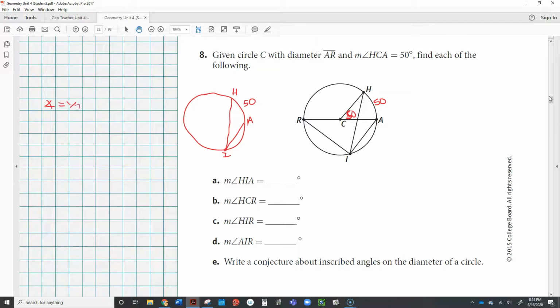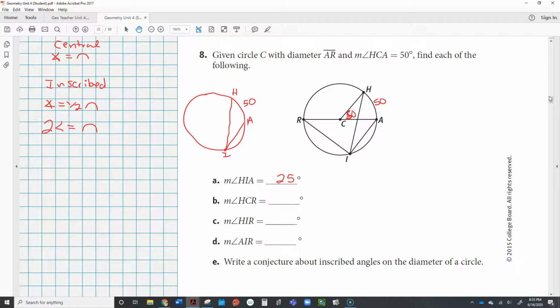This is inscribed. For central, the angle is equal to the arc. For inscribed, the angle is equal to half the arc, or 2 times the angle is equal to the arc. However you want to do it, either one of those is the same. So if I know the arc right here is 50, then this one right here is 25.